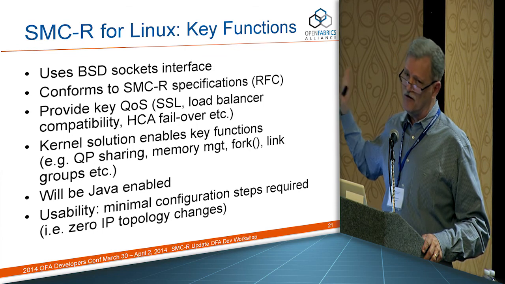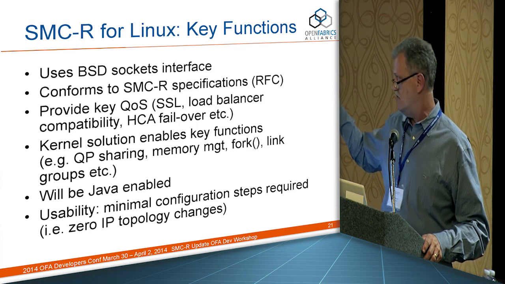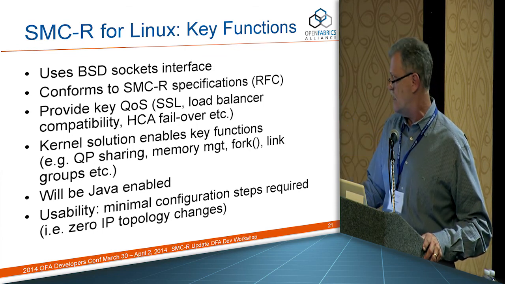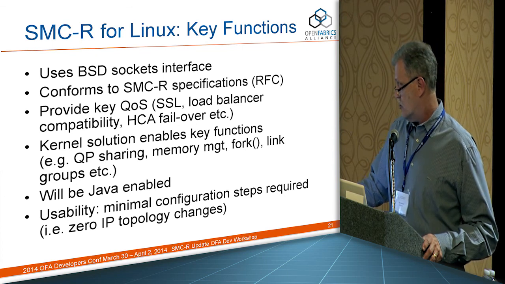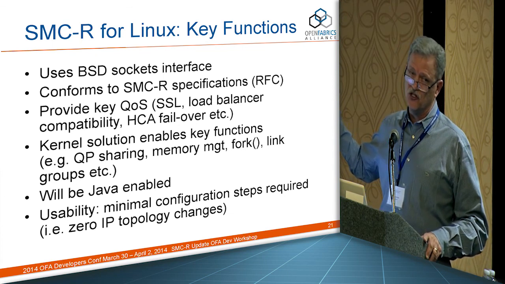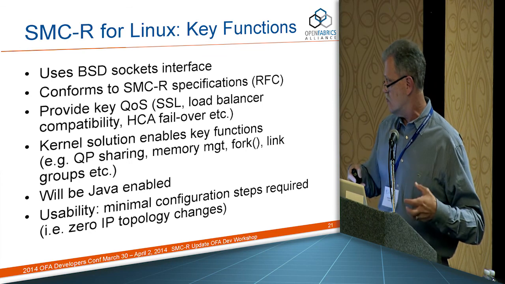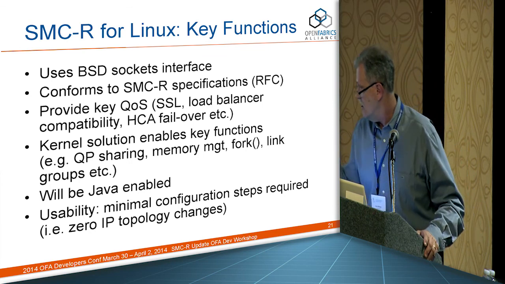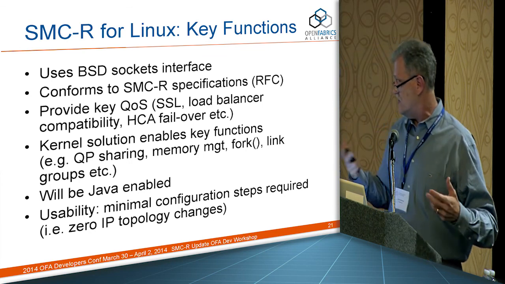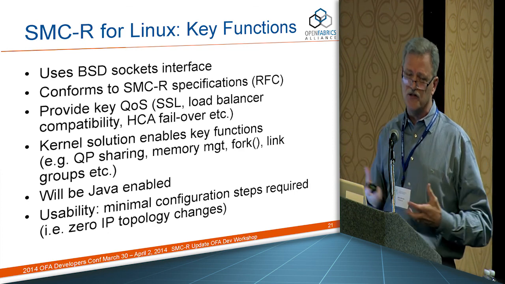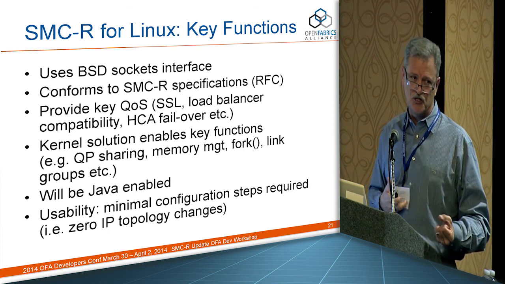Again, bullet 3 is very important. Even in this environment, we have to provide all those requirements that I described earlier. The kernel solution is what allows us to do the QP sharing, link bonding, link groups, and memory management, all the solutions that are hard to solve in user space that applications require.